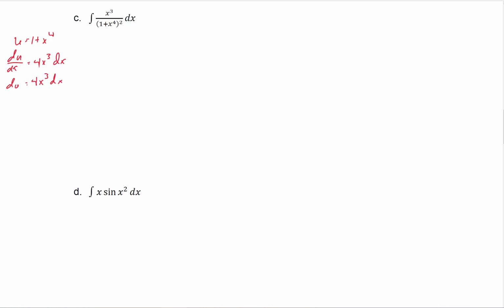So remember, you want to check and make sure it matches, right? So if we rewrote the original integrand, that would give us the integral of (1 plus x to the 4th) to the negative 2nd power times x cubed dx. Uh-oh, it doesn't match, right? So we've got an extra 4 in our du that we don't need.